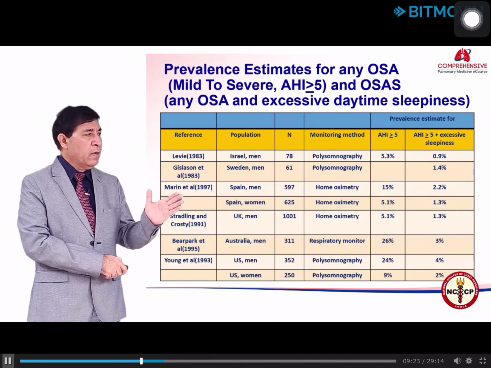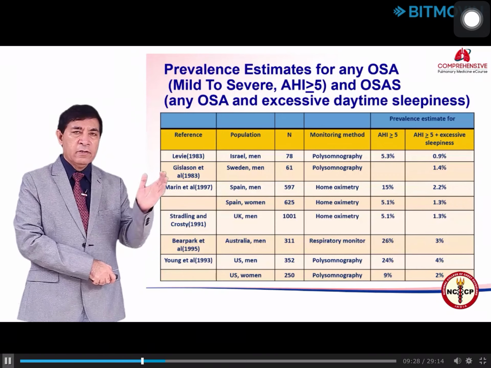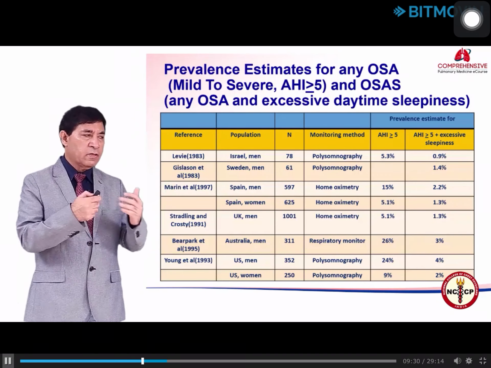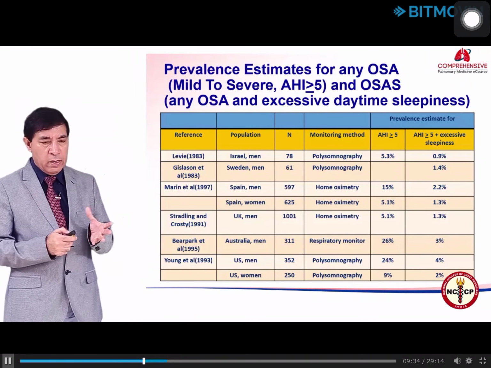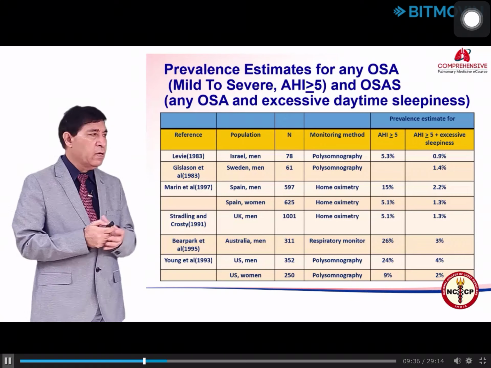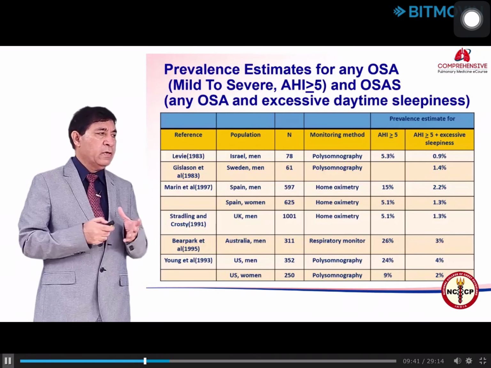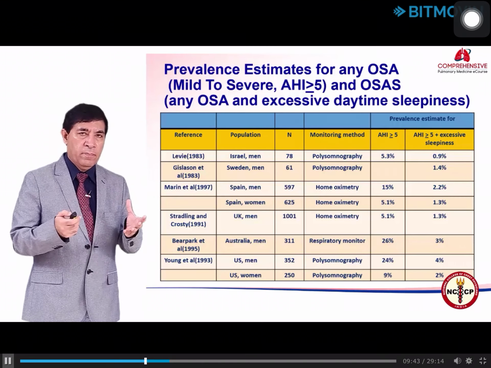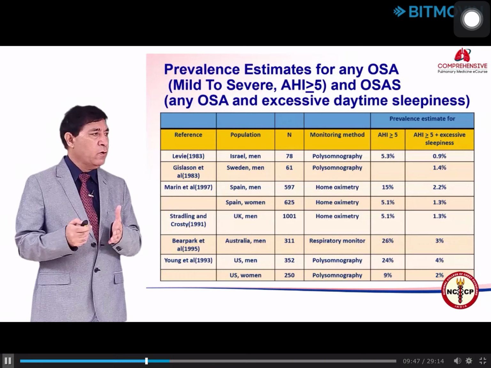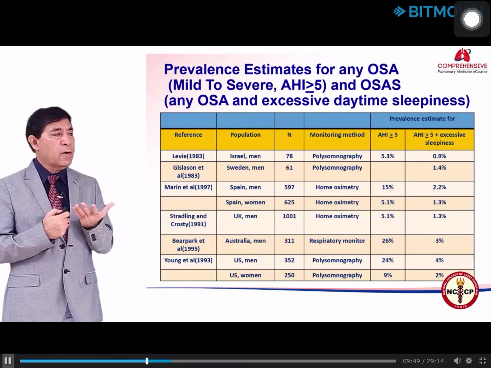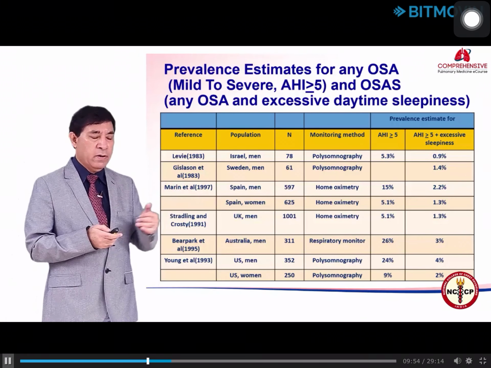In women, sleep apnea hypopnea syndrome was 9%, and sleep apnea syndrome, that is with symptoms, was 2%. This is the first study done at a community level, which showed using polysomnography that the disease is quite prevalent. In fact, the symptomatic disease was found in 4% of men and 2% of women, but asymptomatic disease was seen in almost 25% of men and 9% of women.